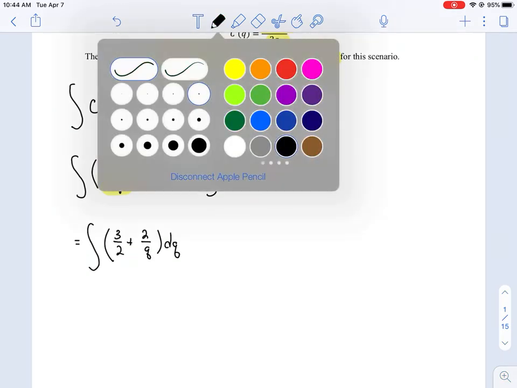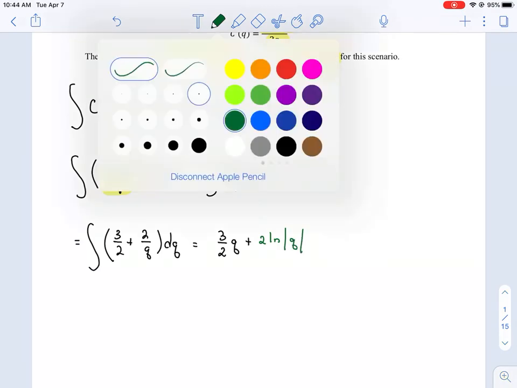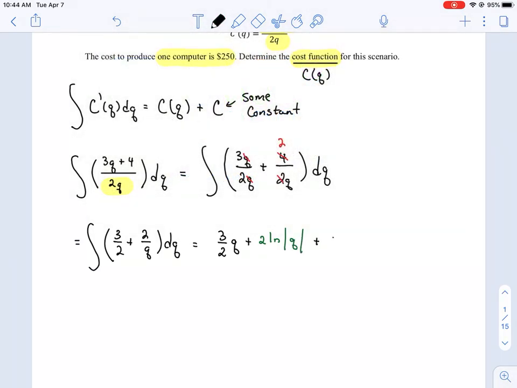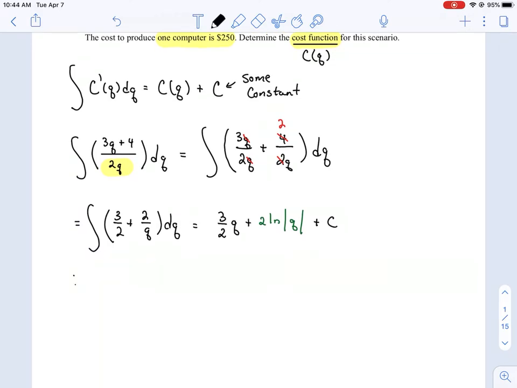So this antiderivative is going to equal 3/2 Q plus 2 times the natural log of the absolute value of Q plus some constant. So the cost function so far is 3/2 Q plus 2 natural log of the absolute value of Q plus C.